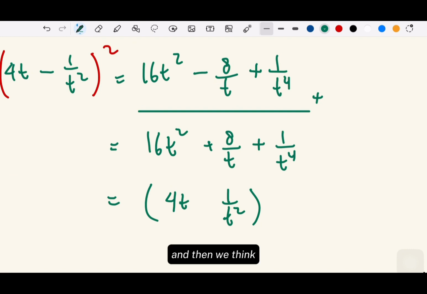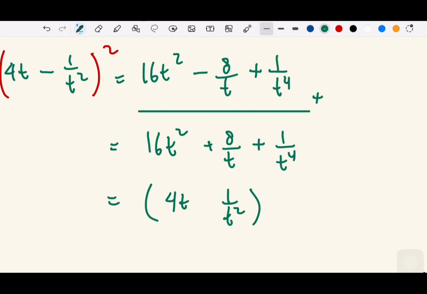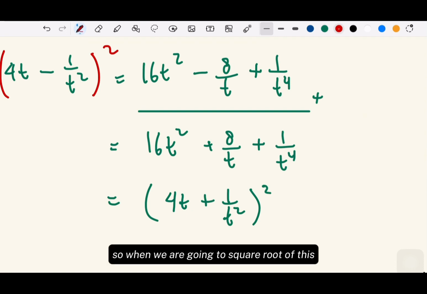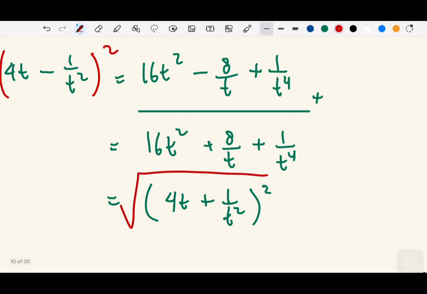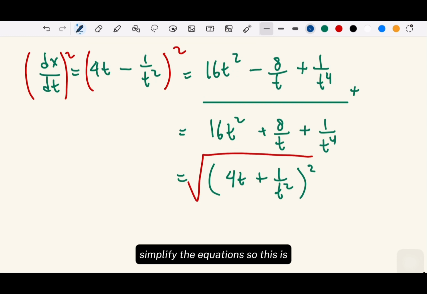Then we think, okay, if we multiply this, then we have 4 over t multiplied by 2 is 8 over t. It's the same, so we need plus, right? So we could take this. When we take the square root of this, we get perfectly simplified equations.